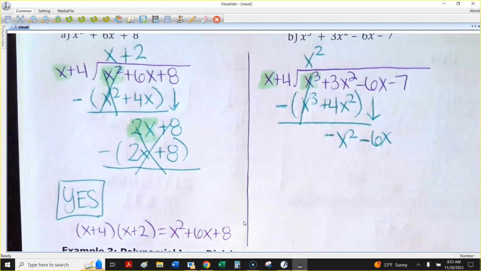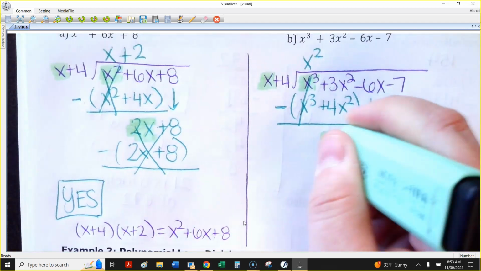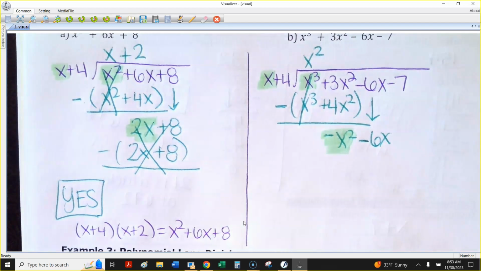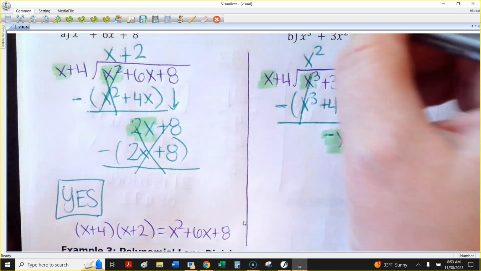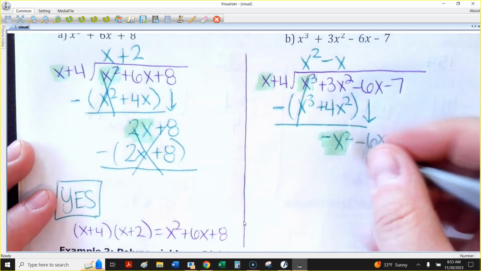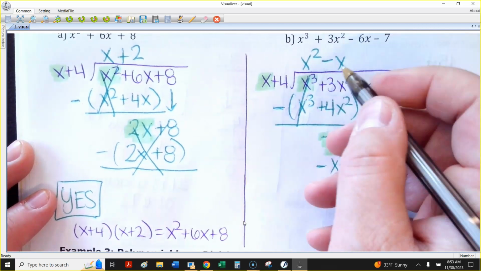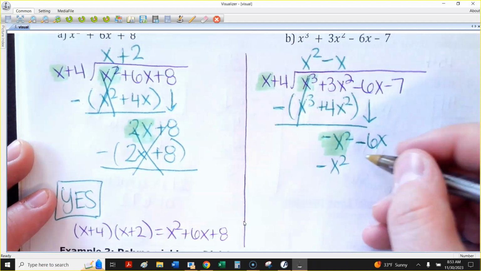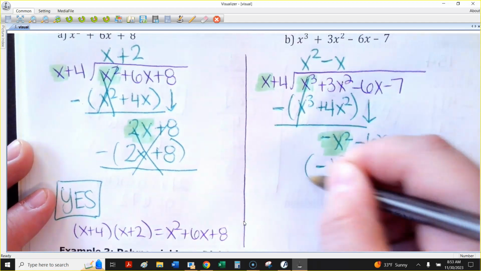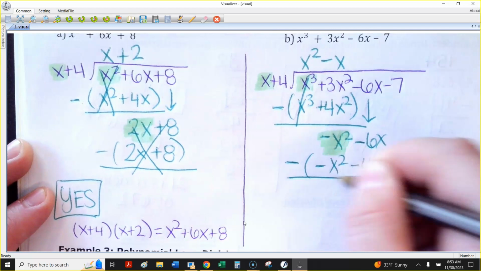And I'm just going to go back through that process. What would you multiply x by to turn it into negative x squared? Negative x, perfect. All right, so negative x times x, negative x squared. Negative x times this 4 is negative 4x. And then just remember we're subtracting here between each of the steps.